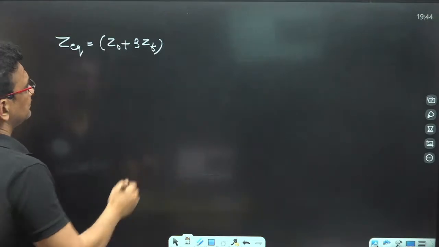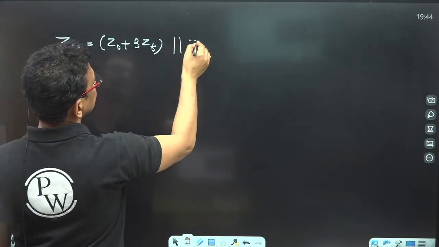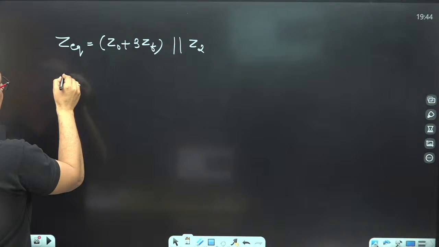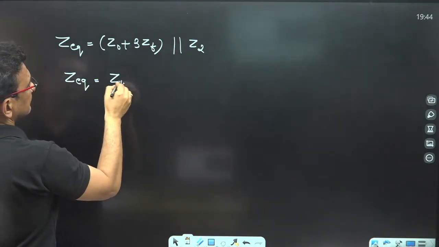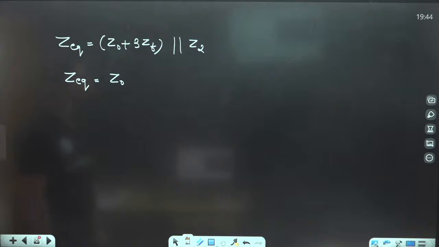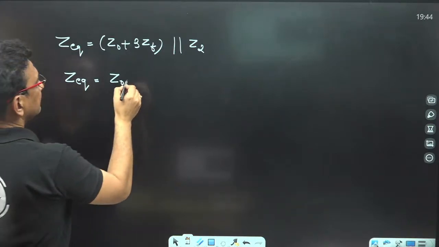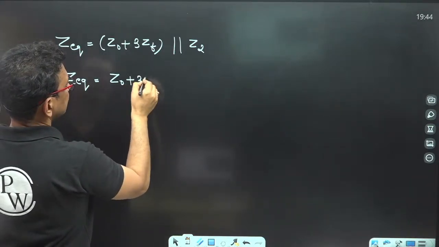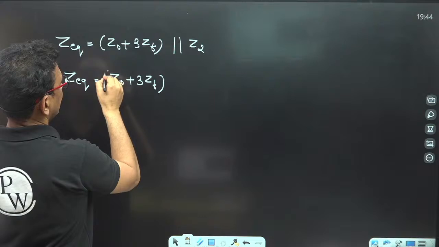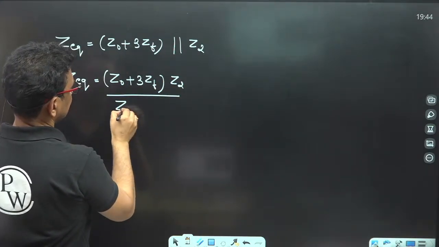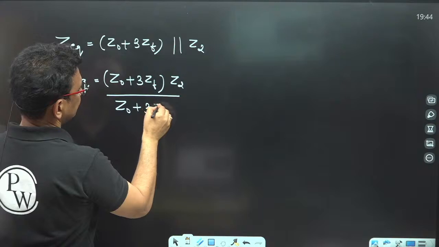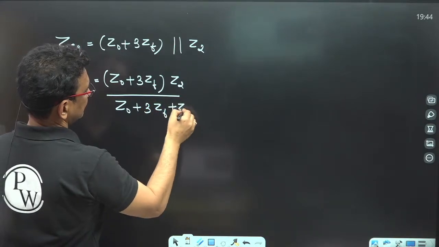So Z equivalent will be Z0 plus 3ZF multiplied by Z2, divided by Z0 plus 3ZF plus Z2.